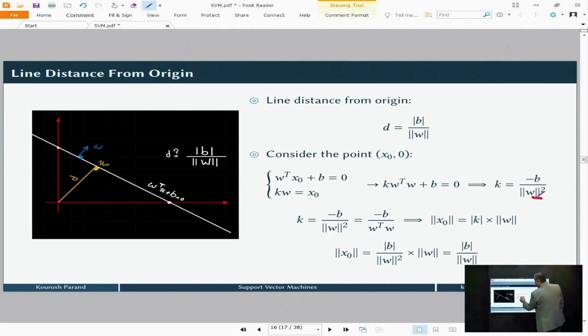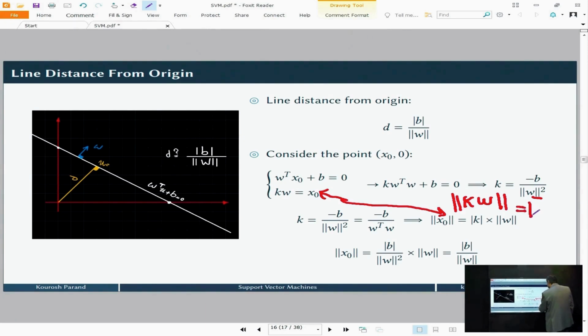So from here, at this stage, if we take the norm of both sides, the norm of x0 is equal to the norm of k times w. Well, we know k is a scalar. It can come out of the norm, and its absolute value comes out.